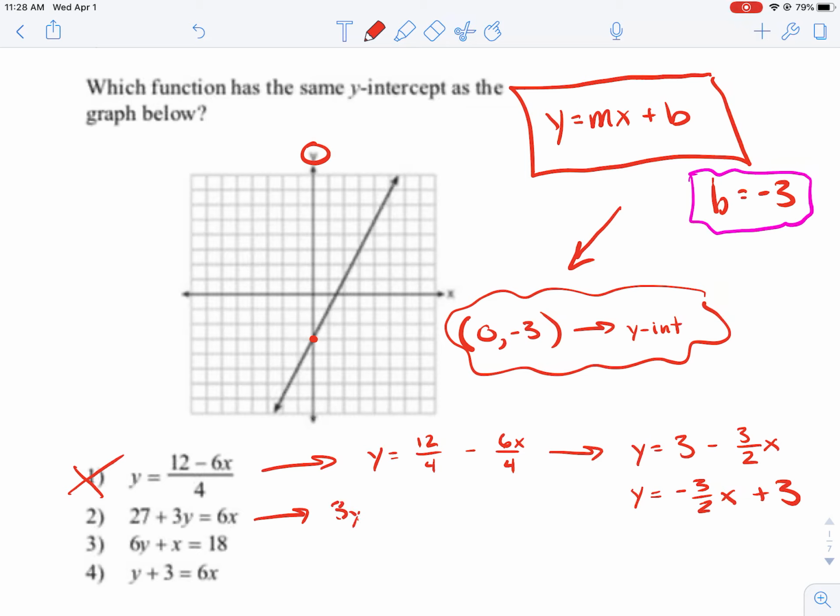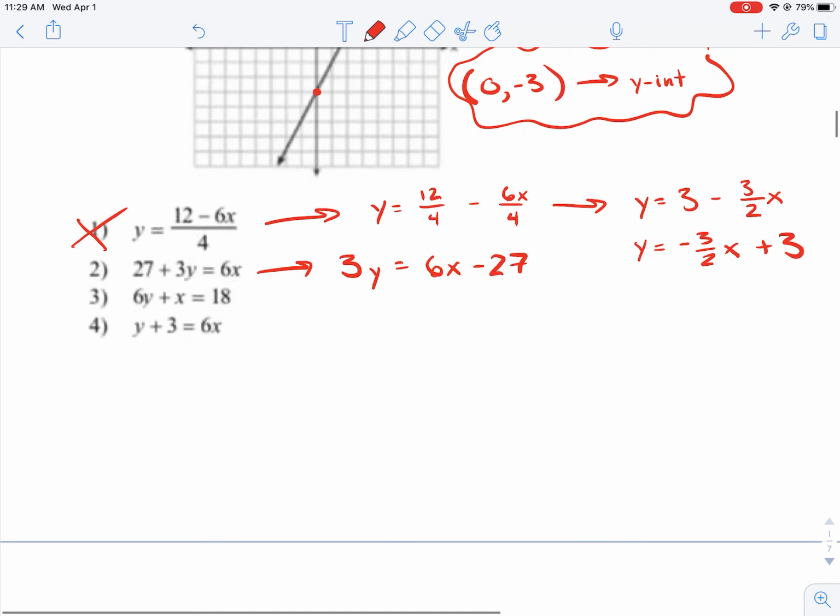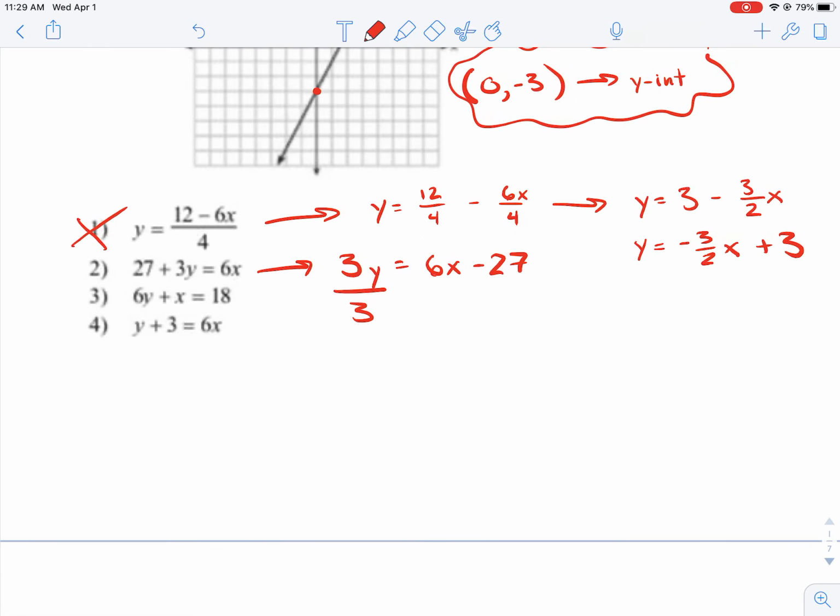Okay, in order to get y by itself, we're first going to have to subtract 27 from both sides. Okay, so when you subtract 27, ooh, pen's running out of ink. Come on, don't do this to me. So when you subtract 27 from both sides, you get 6x minus 27.